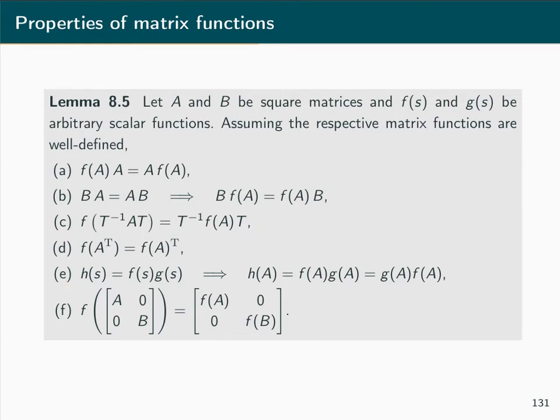E: if h of s equals f of s times g of s, then also h of A equals f of A times g of A and equals g of A times f of A. And finally F: the function f of a block diagonal matrix whose diagonal blocks are A and B equals the block diagonal matrix whose diagonal blocks are f of A and f of B.